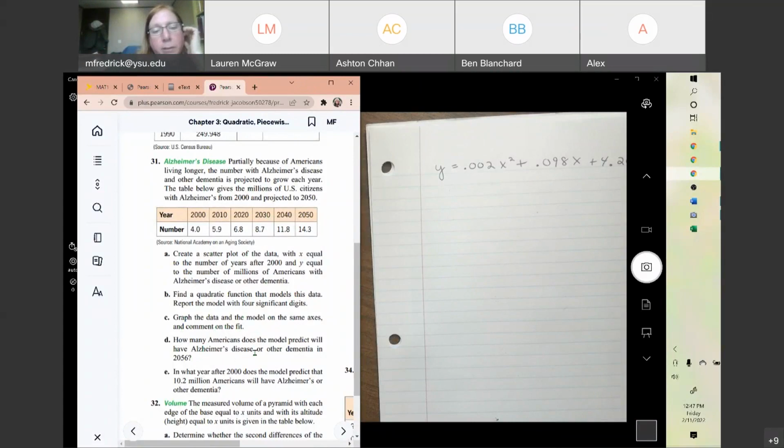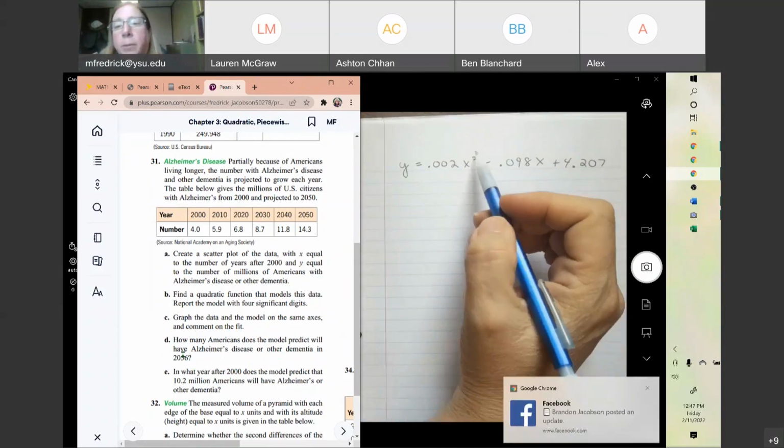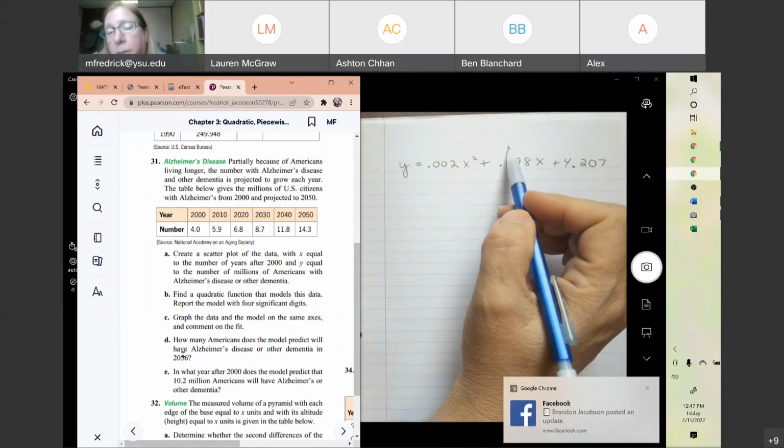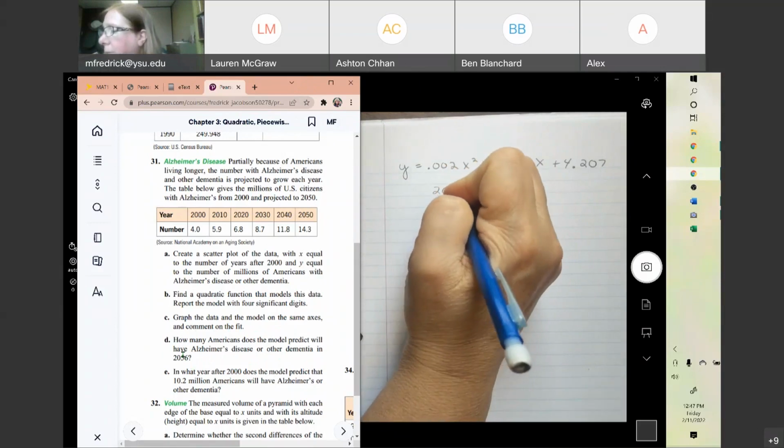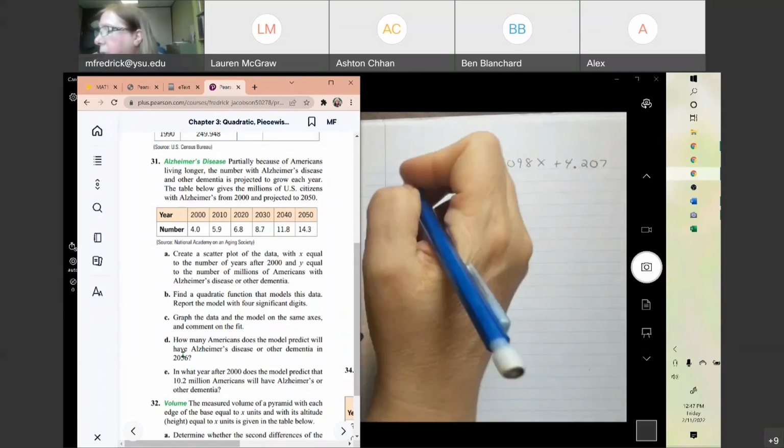How many Americans does the model predict will have Alzheimer's disease or other dementia in 2056? So in 2056, remember X is the number of years after 2000. So what value, if we want 2056, what value should X equal?